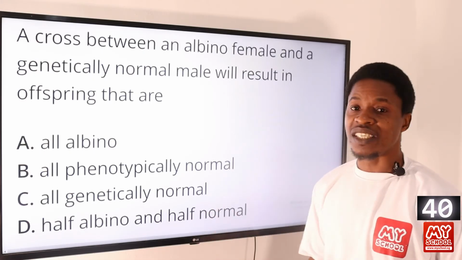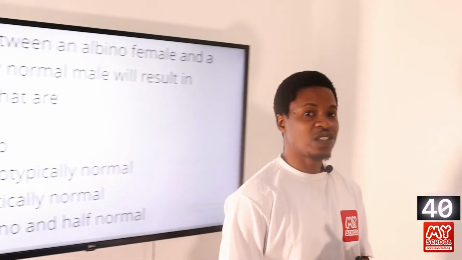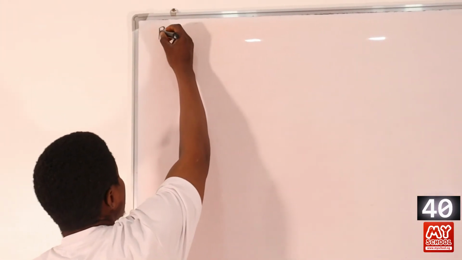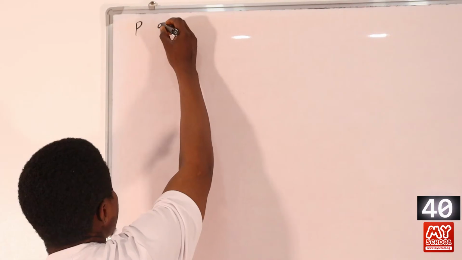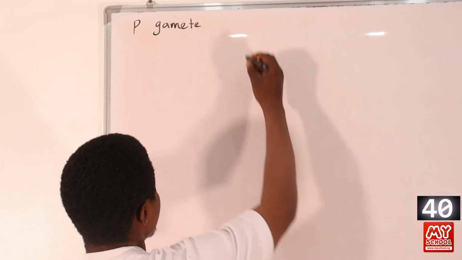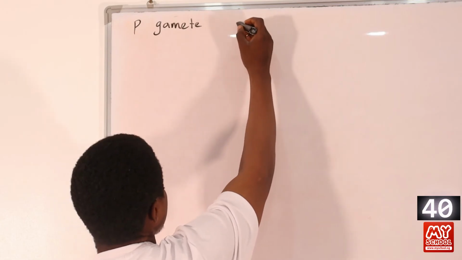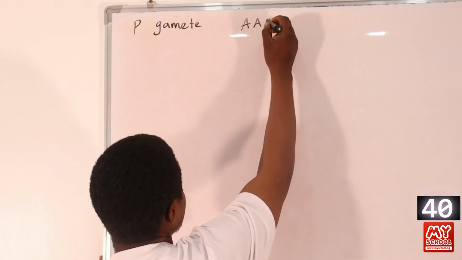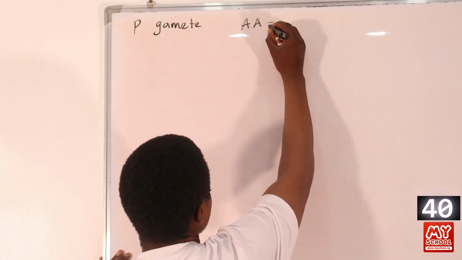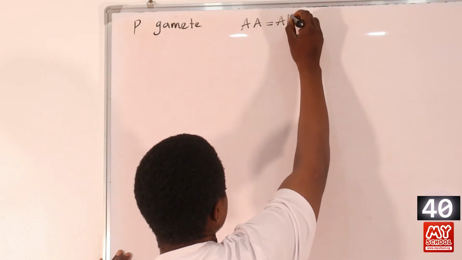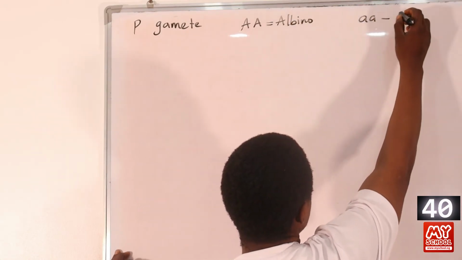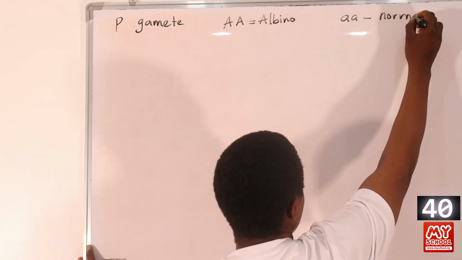Okay, let's go to the board and let's see what to do with the drawing. So first we have, let P gamete, we are talking about the parent gamete. Let AA represent the albino, that's the albino female, and then small letter a, let it represent the normal man.